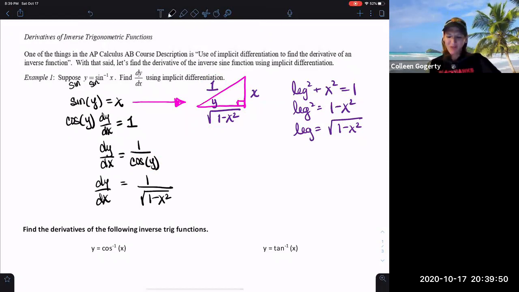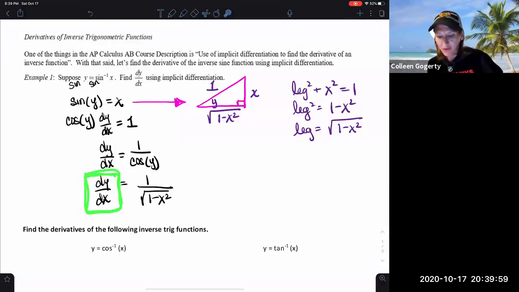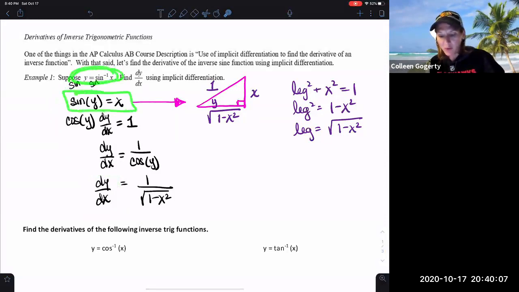So what did we just find out? If you follow through this, this is the derivative of our original problem. As soon as we rewrote this as sine of y equals x, we're still looking at an equivalent statement. So when we found the derivative in the next step, all we're doing as we work our way down is writing equivalent statements of the derivative.